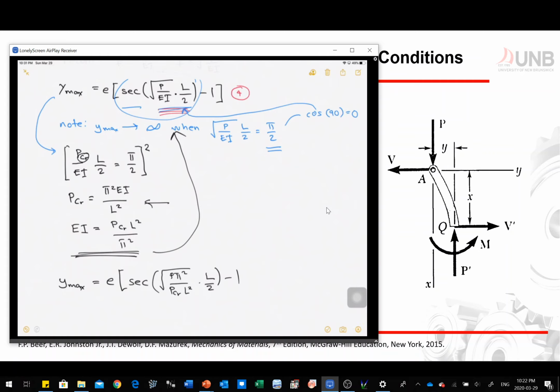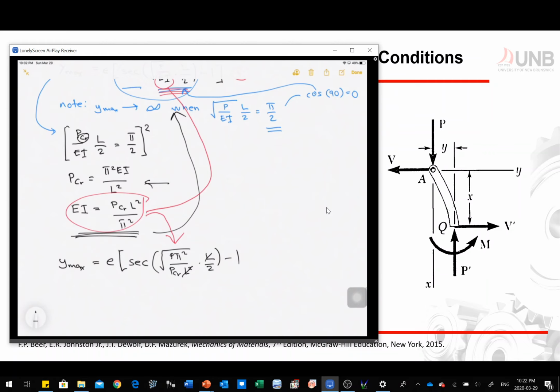And this one easily cancels out your L, because that's L, square root of L squared, that's L. Again, we just substituted the values of our EI right here, and this is going to be the form of your equation.